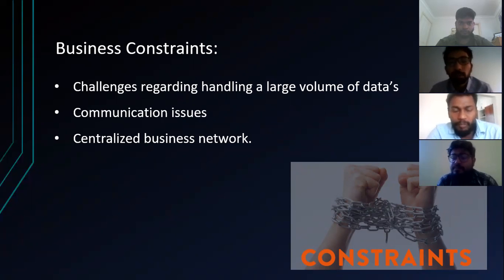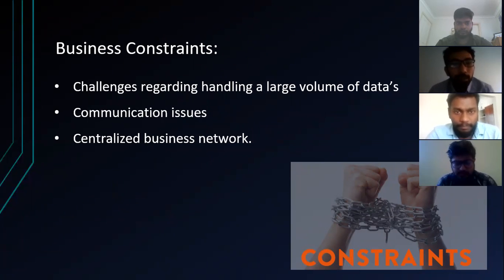So there is a challenge for data analysis due to the volume of data. Another is communication issues. Due to a lack of delivery truck drivers operating from the regional area, and with operations only in the head office, they have a communication problem between all the clients and the business.